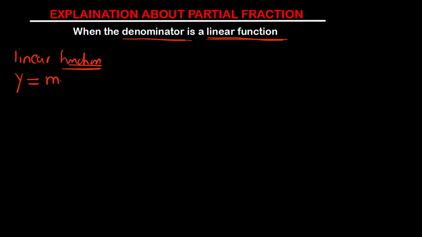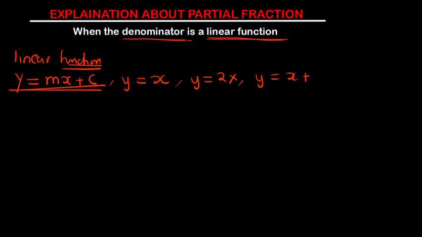So this is what we call a linear function. Any function like this, for example 2x, is a linear function. Any function in this order is a linear function.